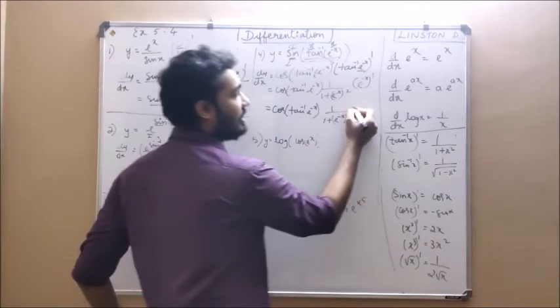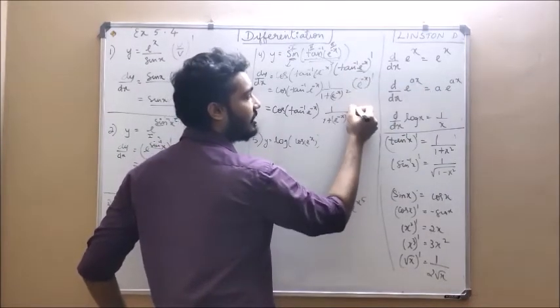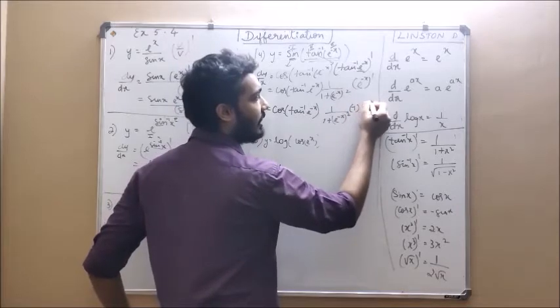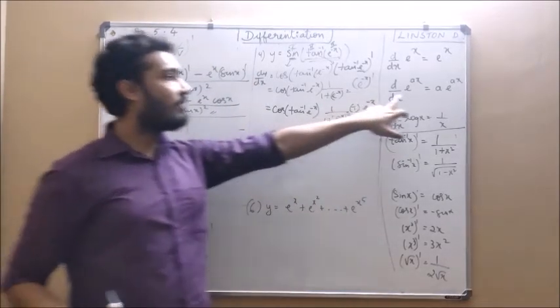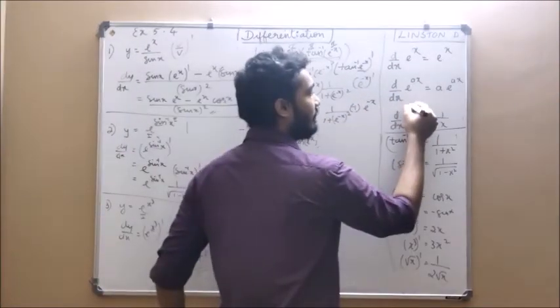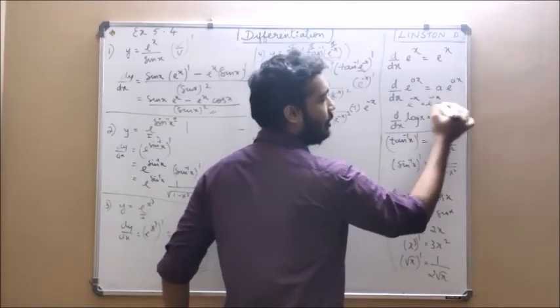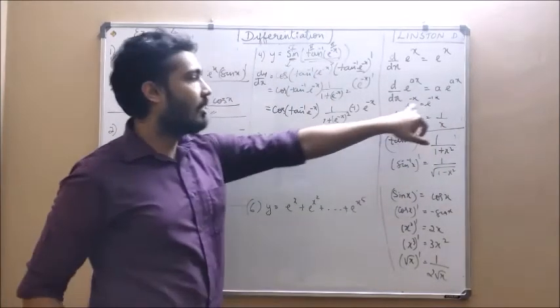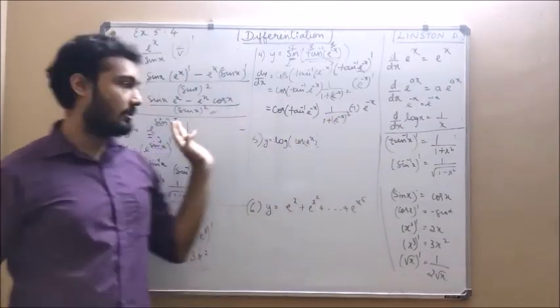So here a is minus 1, so it is minus 1 into e power minus x. So this is the answer.